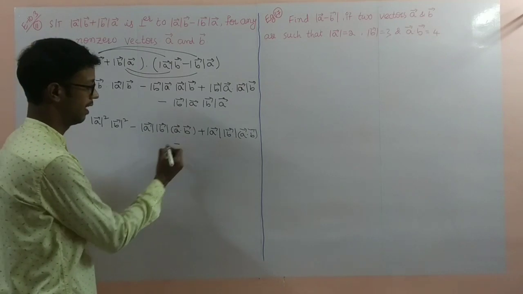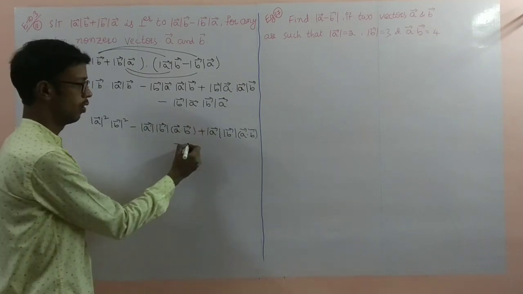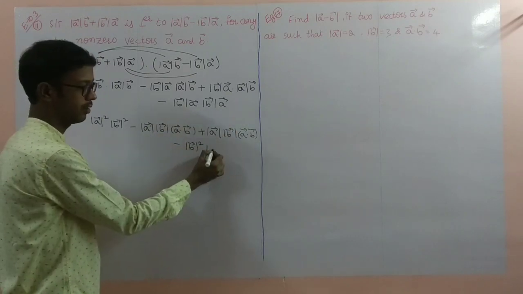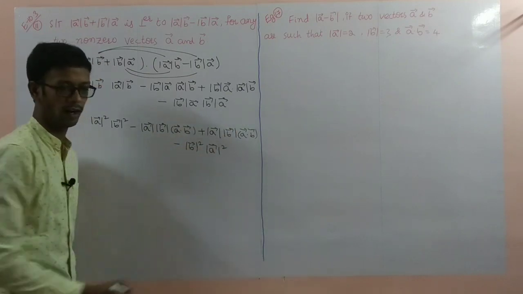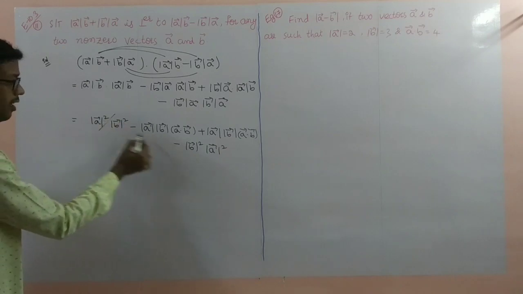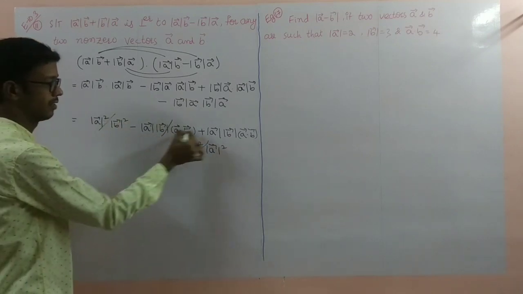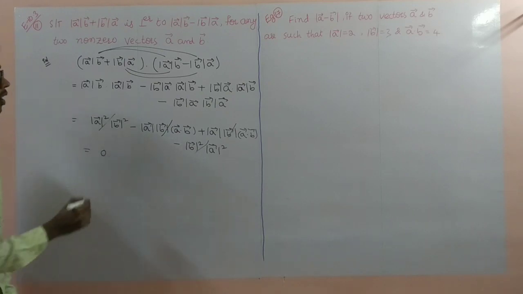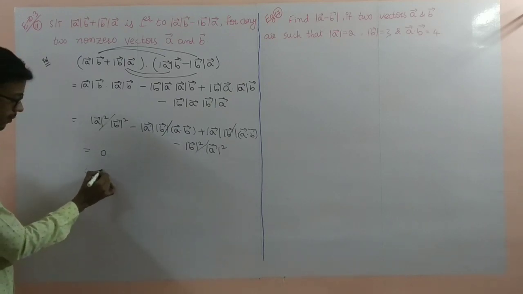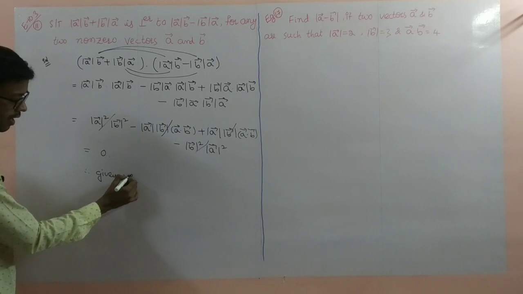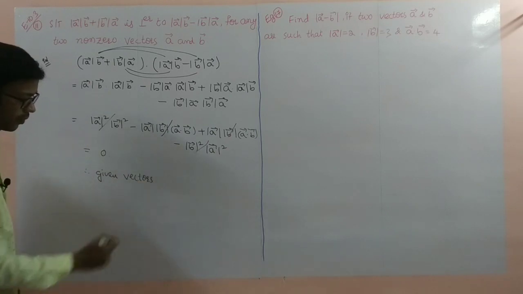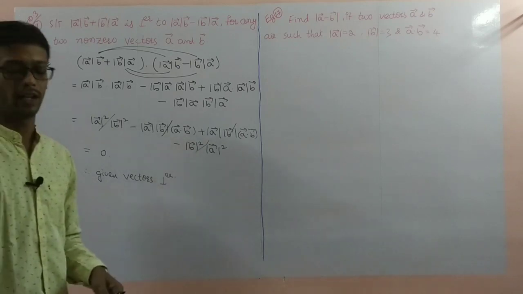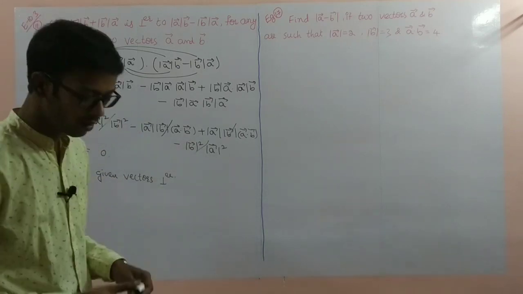Next minus this value, magnitude of b bar square, a bar dot a bar is magnitude of a bar square. So now you see, cancel these two and cancel these two. That value should be equal to 0. Therefore, the given vectors are perpendicular.